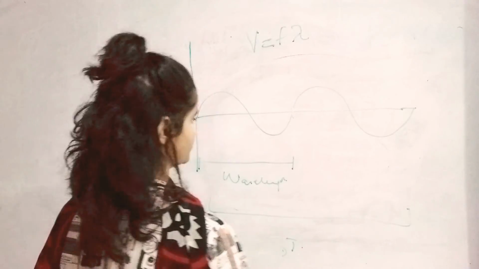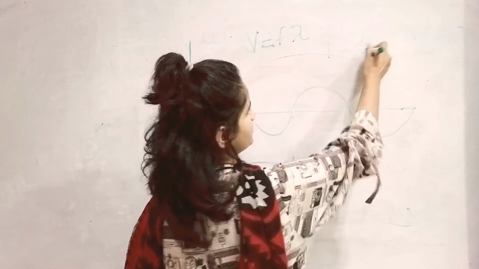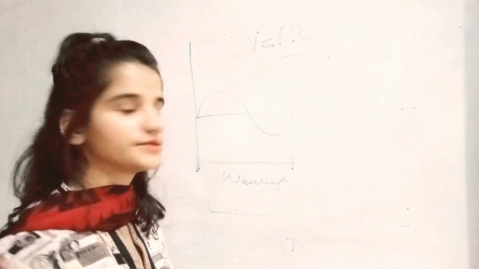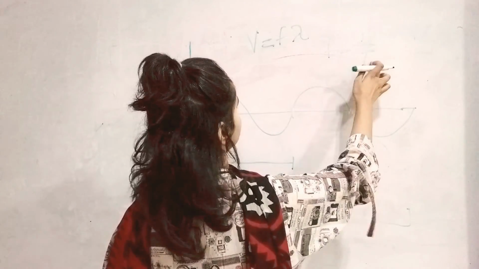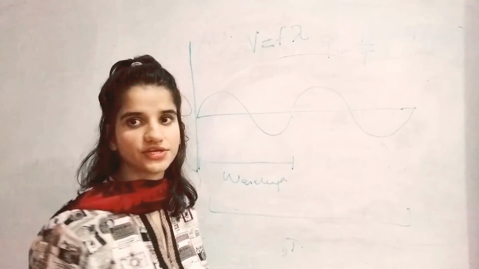And the formula for time is F is equal to 1 over t. Sorry, my marker is not working so well, but you guys can identify what I'm writing. F is equal to 1 over t. So what we can do is V is equal to lambda over t. This can be the formula which can replace it.